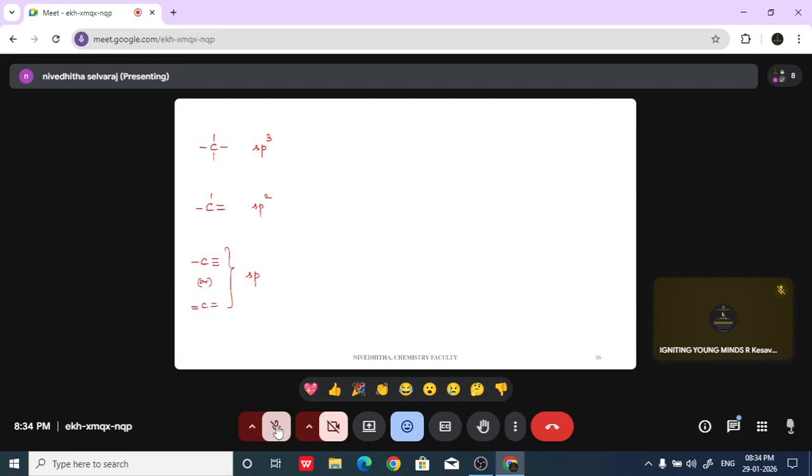Okay. If the hybridization is sp3, then what is the geometry? Geometry. Tetrahedral. If it is sp3 hybridized carbon, the geometry is tetrahedral. Okay. If it is sp2, if the hybridization is sp2, then what is the geometry?